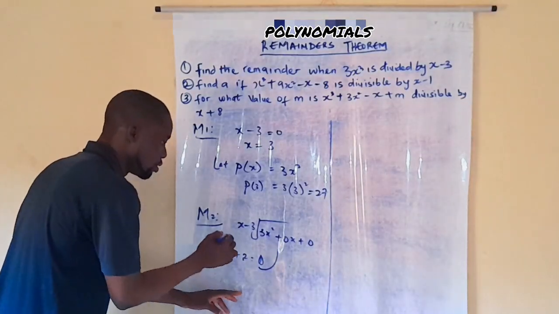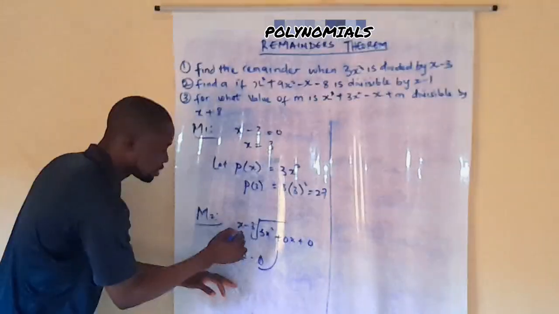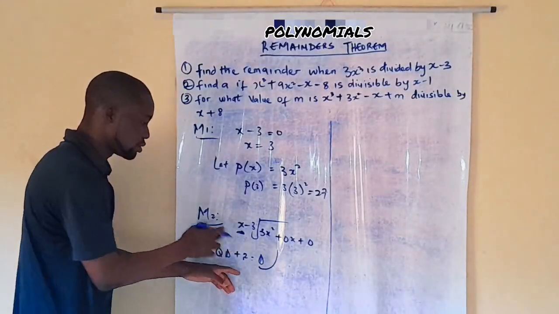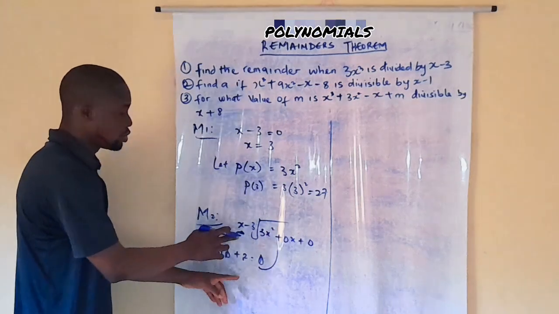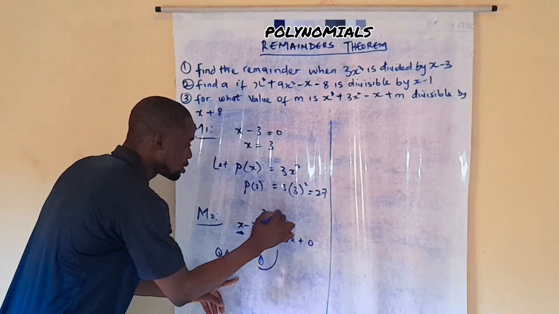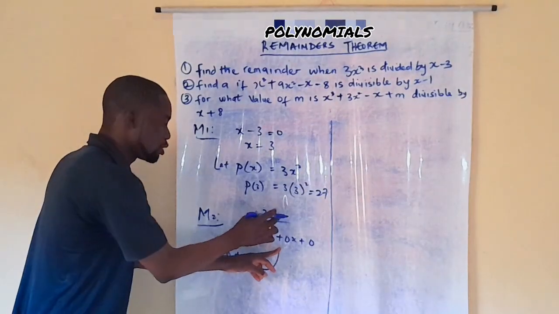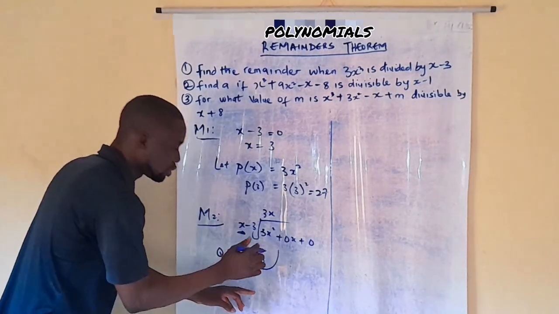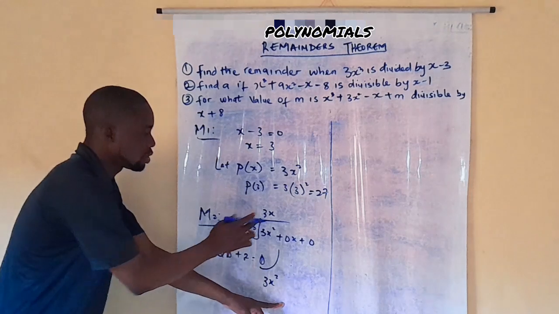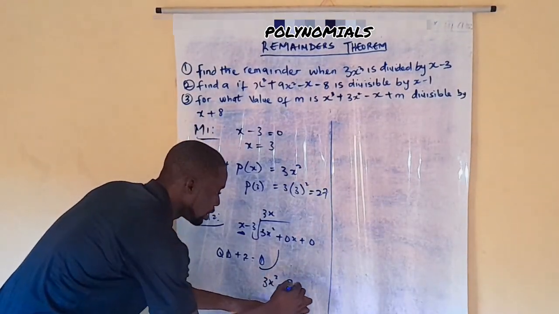So let's go on. To divide is to use the very first value throughout. So x in 3x squared is 3x, that is 3x squared divided by x. Then multiply all through. 3x times x is 3x squared. 3x times minus 3 is minus 9x.